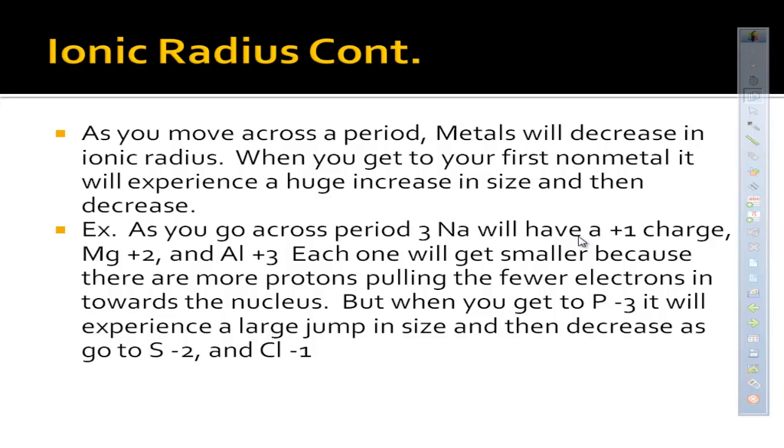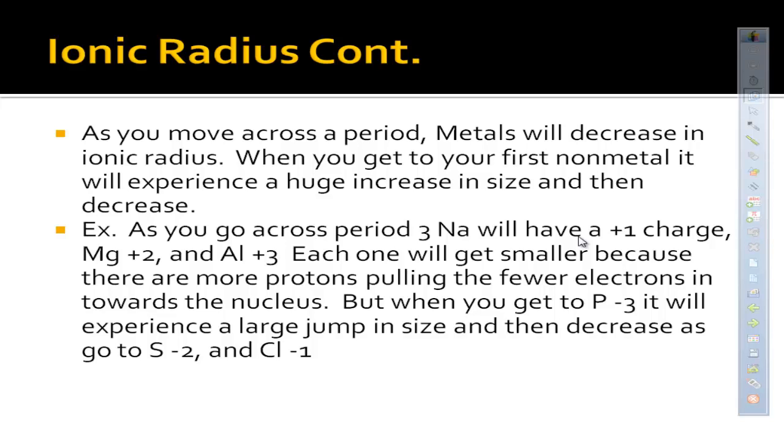Again, they're going to be able to pull on those electrons more. And aluminum, now you have +3. You have 3 more people playing tug of war on one side, and they're able to pull that team over sooner than something that only has a +1. Now, each one will get smaller because, as it says up there, there are more protons pulling those fewer electrons towards that nucleus.